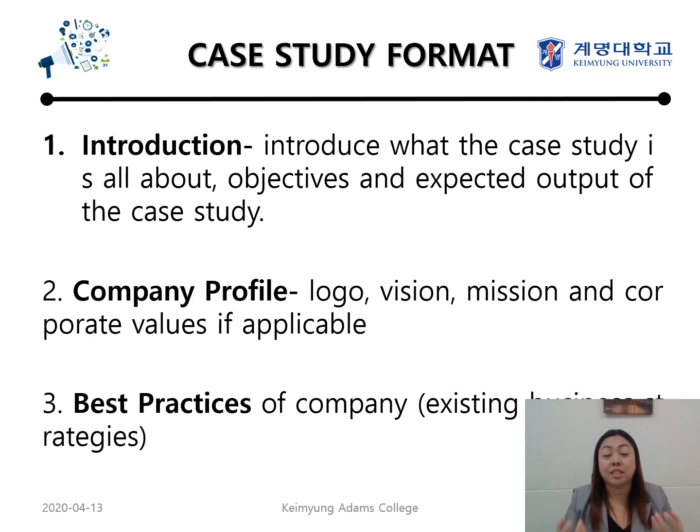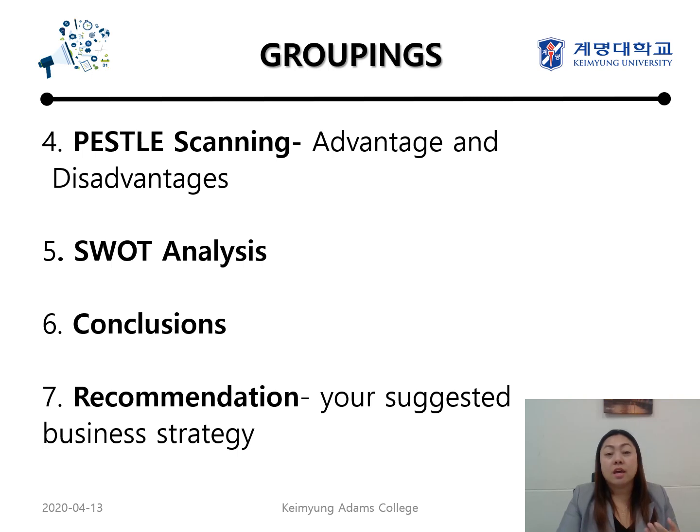Existing, because in the next part, you're going to conduct a PESTLE analysis or PESTLE scanning. How are you going to do that? You're going to check the advantages and disadvantages of that firm in terms of political, environmental, economical, social, technological, and legal factors.